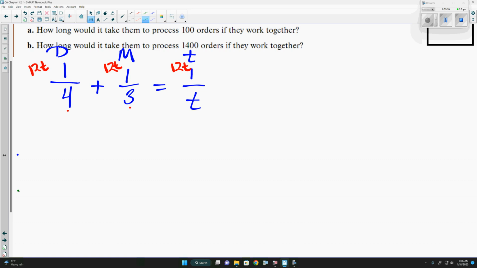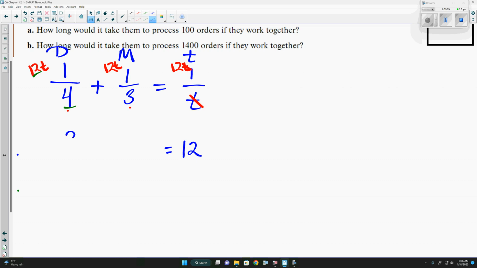And when we do this here, well, the right-hand side's a little bit easier to work because the t and t will cancel out, leaving us with 12. Over here, 12 over 4 is 3.